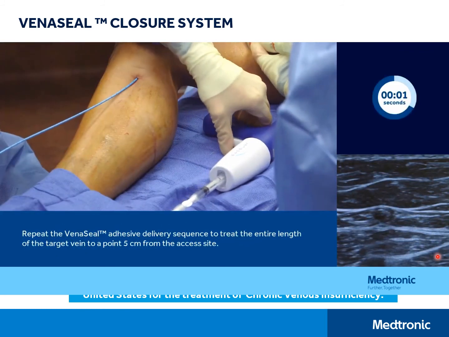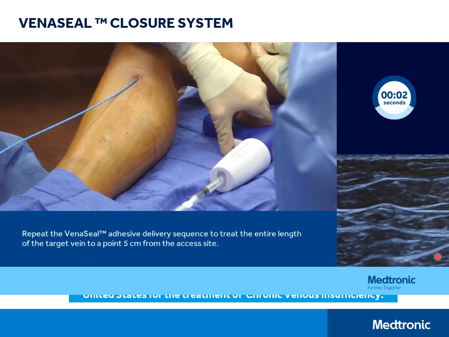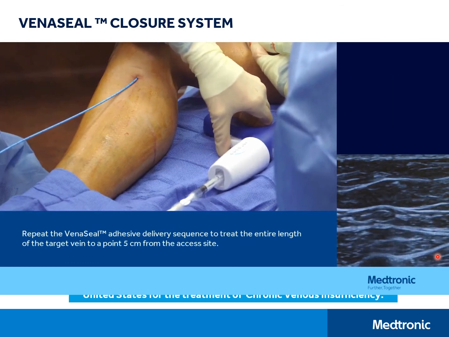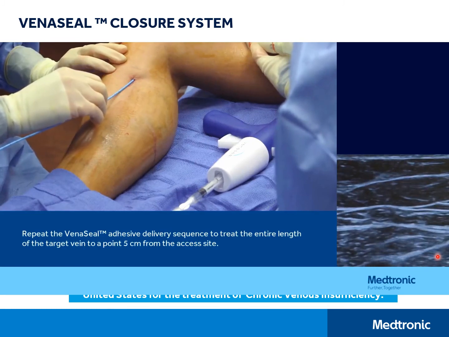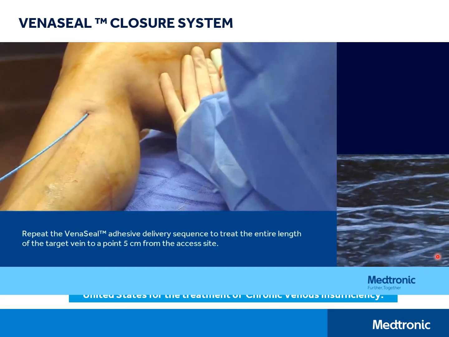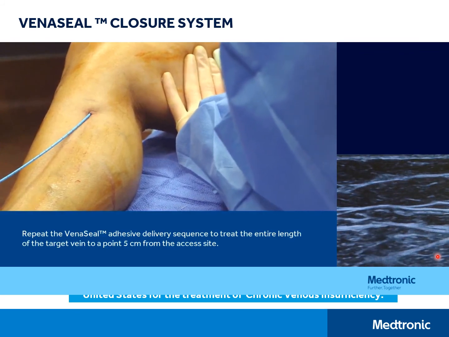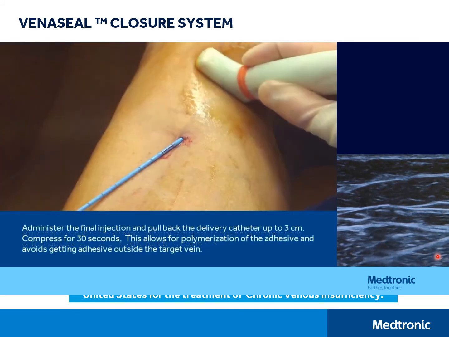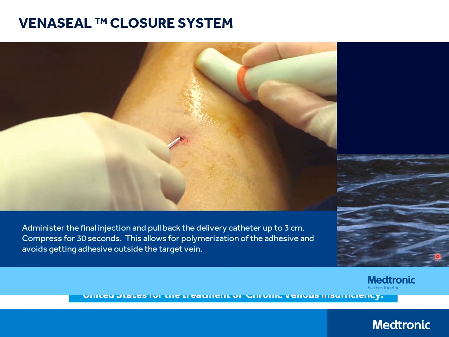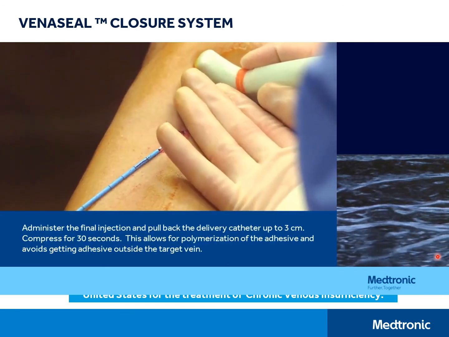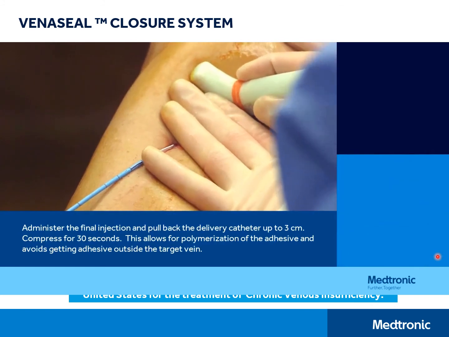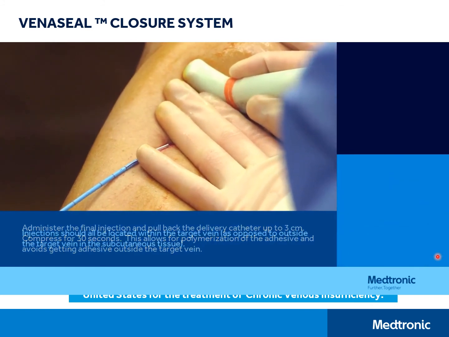So repeat it for the entire dilated varicose vein, gradually withdraw, inject the glue, and that's how you complete the varicose vein glue embolization. And the beauty is this is done with a very small puncture.